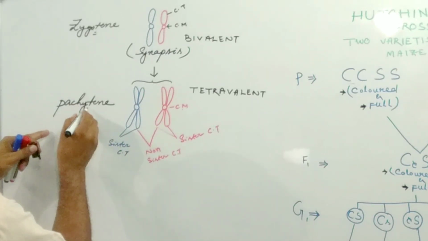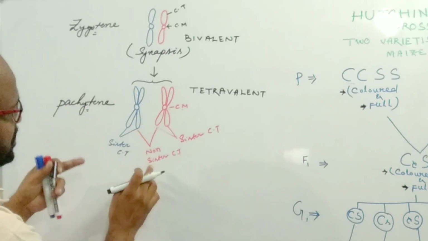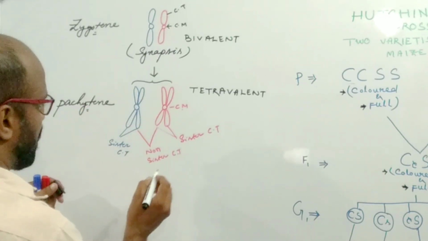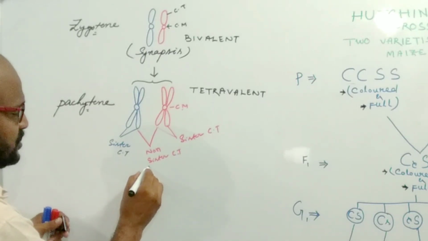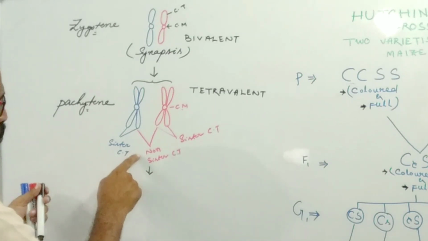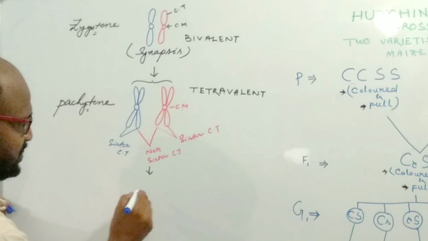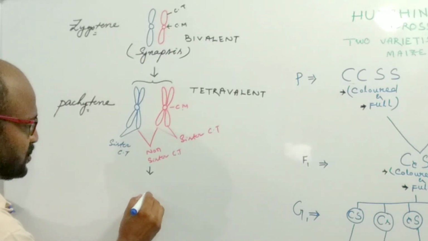And in the pachytene stage, there is the overlapping or twisting of non-sister chromatid. So these are the two non-sister chromatids, and there is twisting of the two.